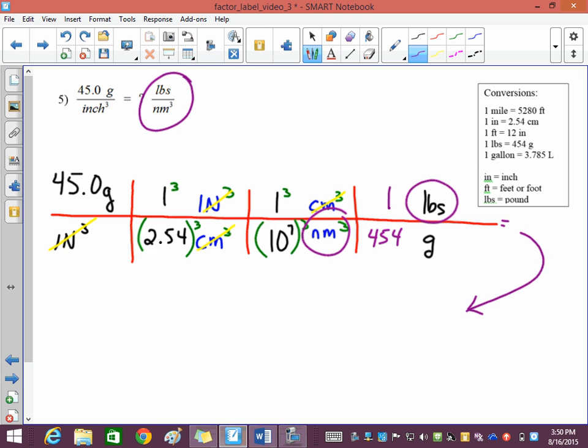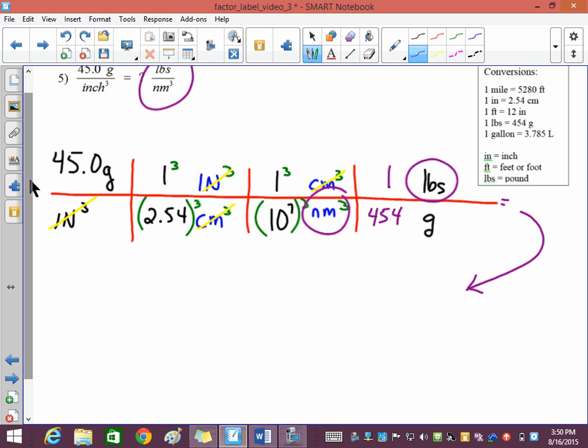Okay? So the way to type this in, I would say, well, it's nice because they're all ones on the top, so that makes it really nice. So 45 divided by, open up the parentheses, because you've got a lot going on down here.